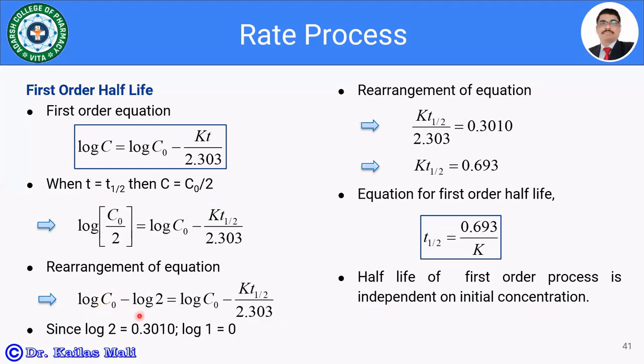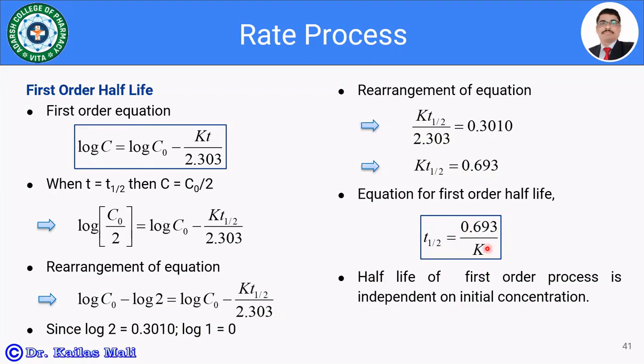Here we know that log of 2 is 0.3010 and log of 1 is 0. So after rearrangement, k t1/2 divided by 2.303 is equal to 0.3010. Further rearrangement gives k t1/2 is equal to 0.693, and the final equation for the first order half-life is t half is equal to 0.693 upon k.